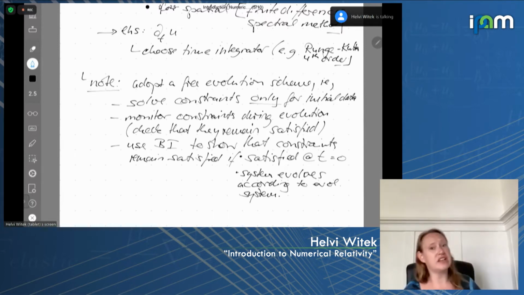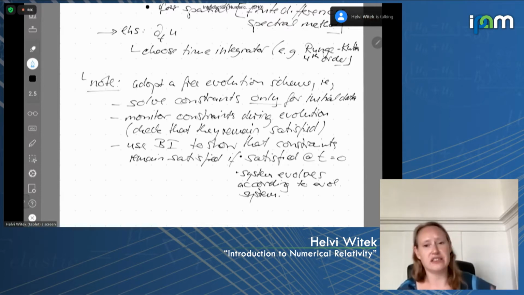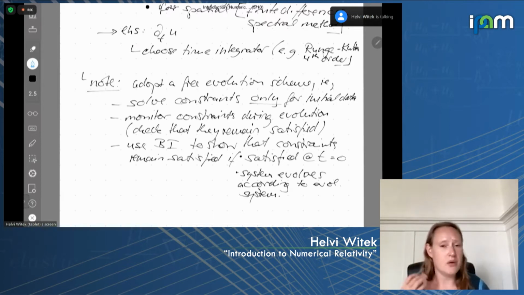You will see very quickly that your constraints and your quantities start growing exponentially, and small numerical errors in the simulation will grow without bound. So the equations that we've just written down will lead to an unstable numerical scheme, and the reason behind that is that their mathematical structure is what we call ill-posed.